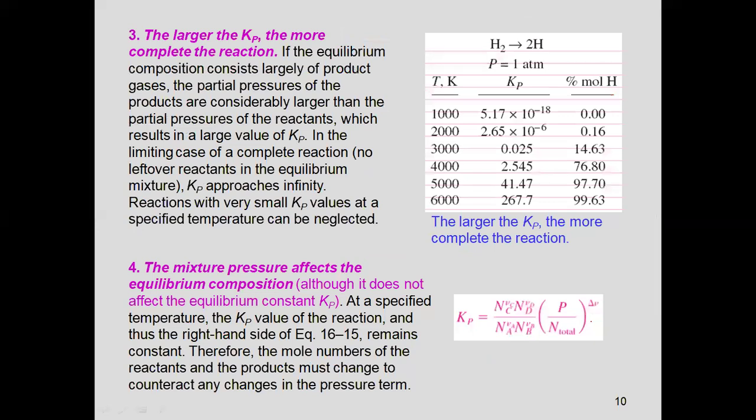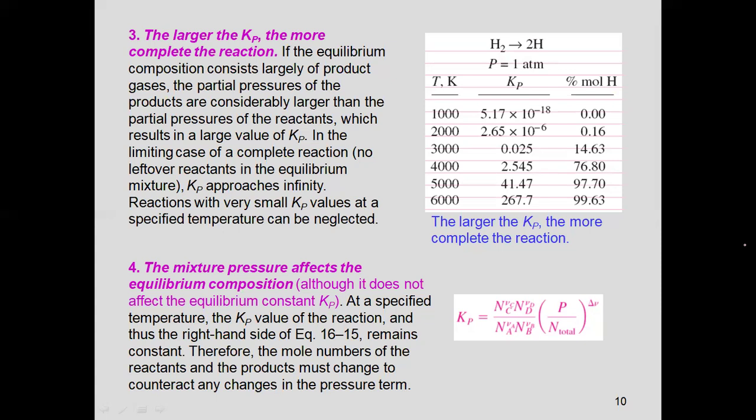Okay. Next one. The larger the Kp, that is the equilibrium constant, the more complete the reaction. So one idea we will get from this is that if we study the values of Kp, we get an idea of how far the reaction will be complete.